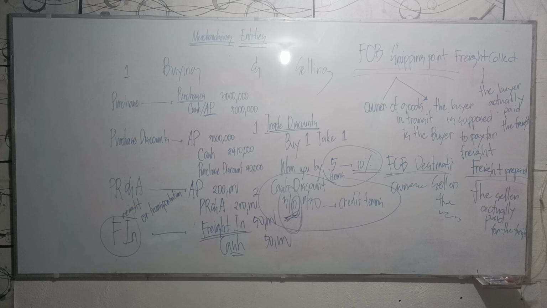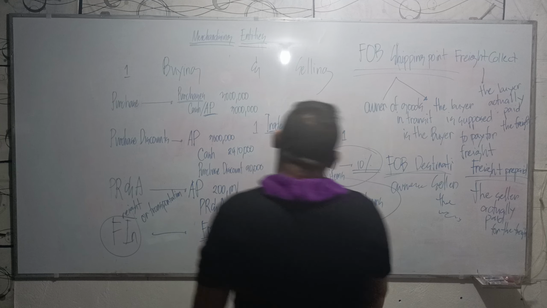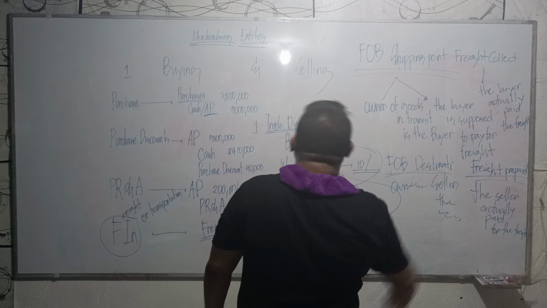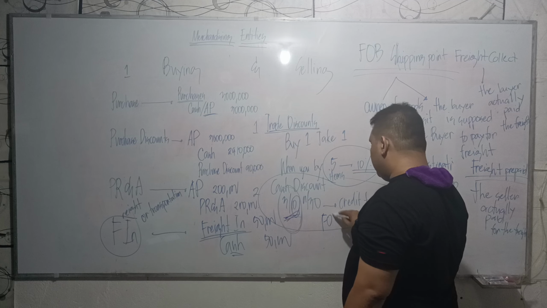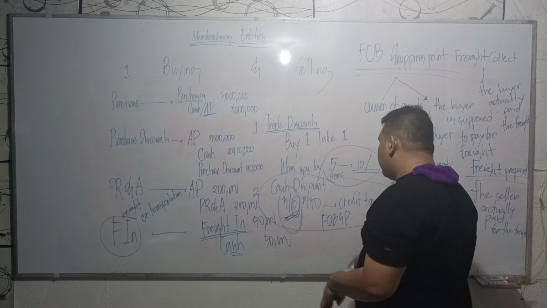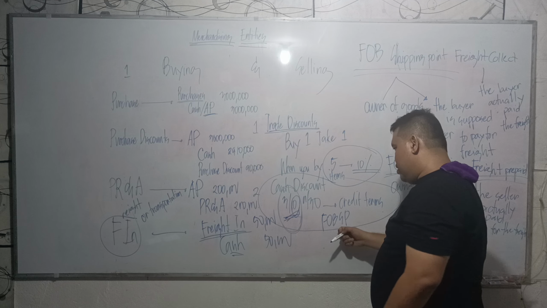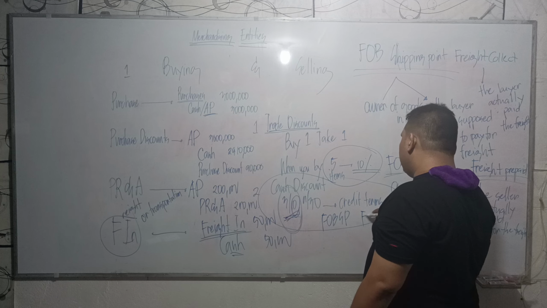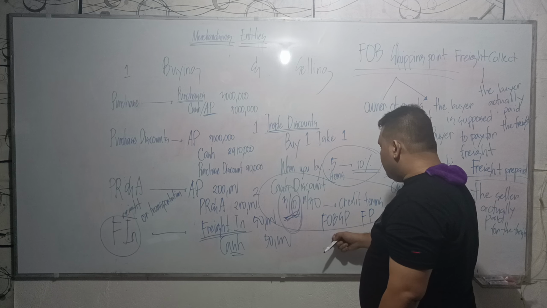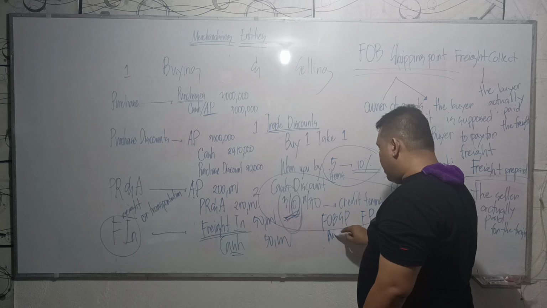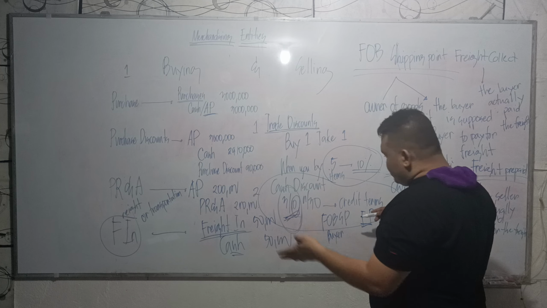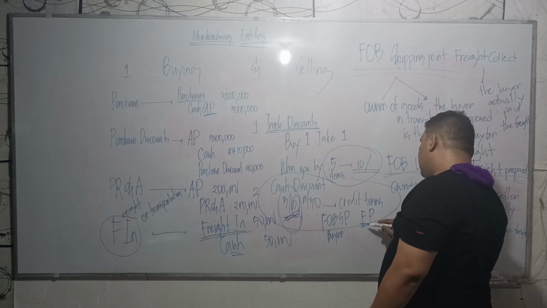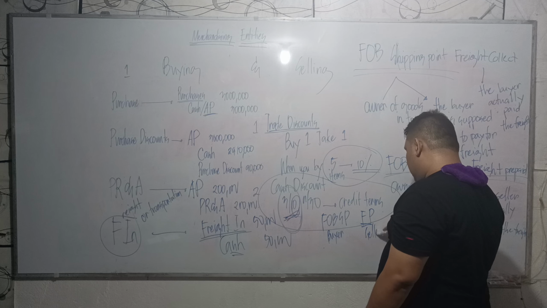Do you understand? Okay. Now, are there any combinations of these four? Yes, of course. It could be FOB shipping point. We are the buyer, so we are supposed to pay. FOB shipping point, freight prepaid. So, we are supposed to pay as the buyer and the owner, but with freight prepaid, who actually paid? Of course, the seller actually paid.